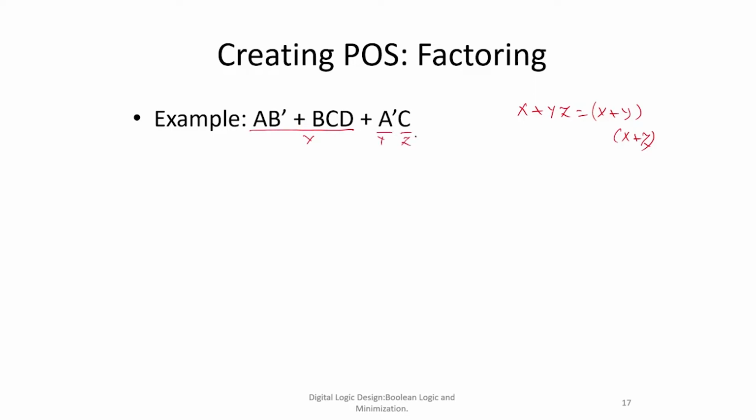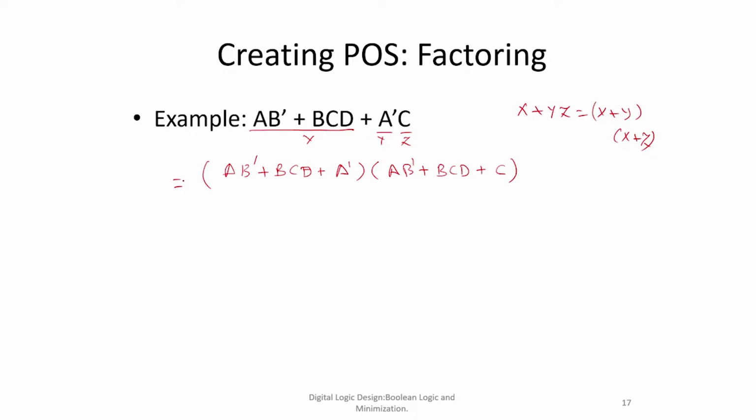So from this theorem, I can write this as ab' plus bcd plus a', correct? And then there is a product form with again x as my ab' plus bcd, and then z, which is my c. So I have started creating this, then I can do factoring in a recursive manner.